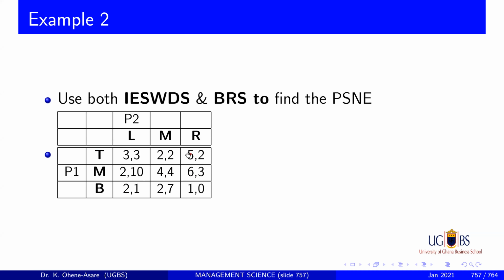And when you look at this 5, 5 is bigger than that. So we can say which is what? You can raise a hand and tell me, or type and tell me. Between T and B, what would you say? Which is dominated and what kind of domination?